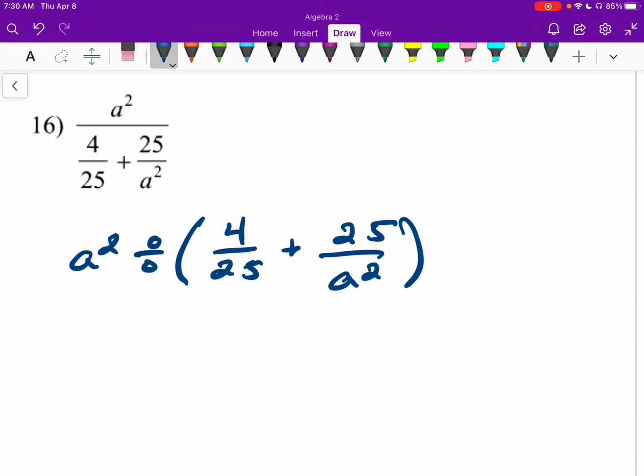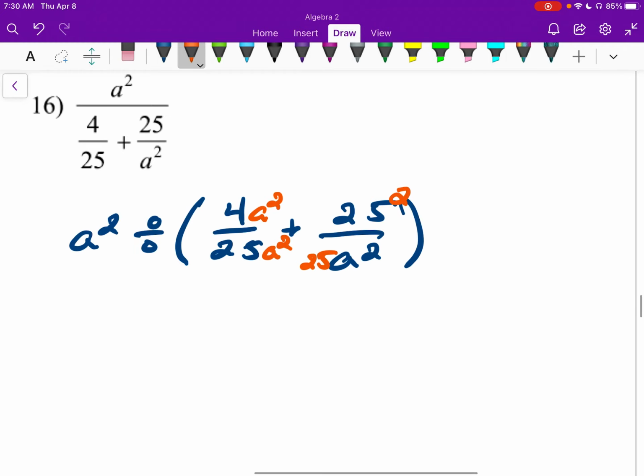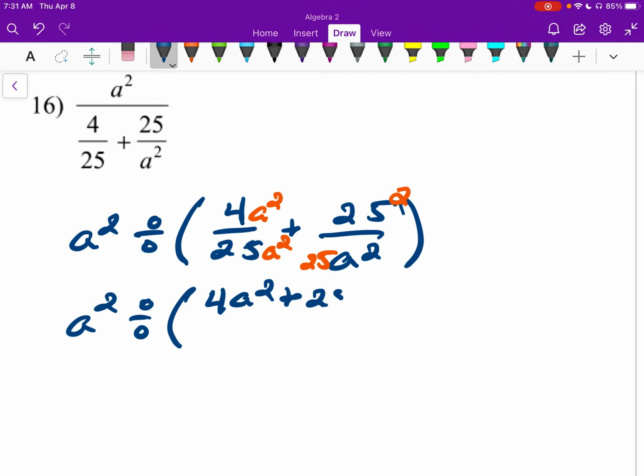I guess the left side needs an a squared in both spots, and the right side needs a 25. And I'm going to write a 25 there, and then I'm going to put a little squared symbol there. Now I can put these together, and I'll have a squared divided by 4a squared plus 25 squared over 25a squared.